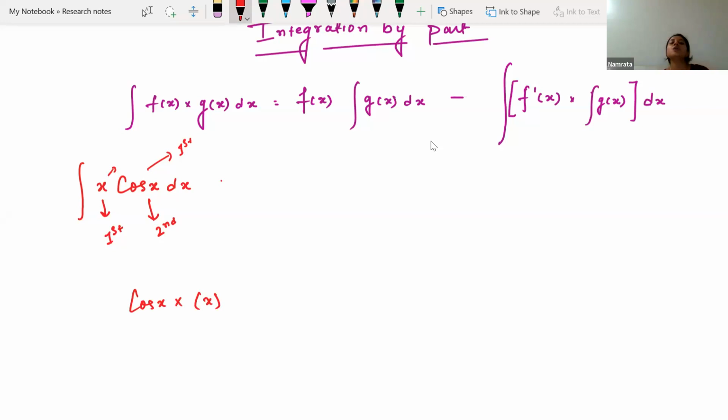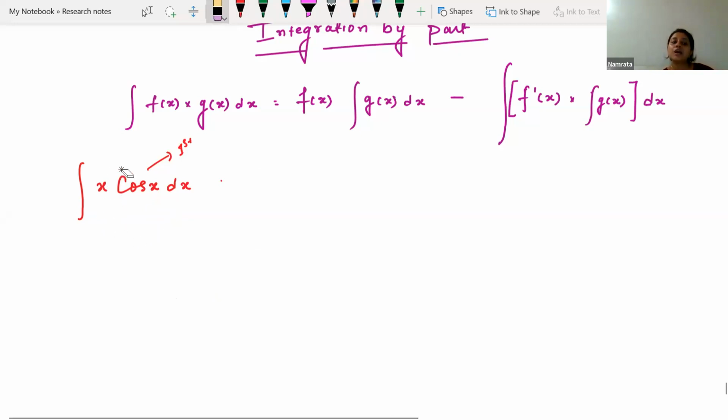But let's see how to apply the formula first. Till now whatever I am saying, just take it as it is. Just after a while we will be discussing how we are going to choose which one is the first function and which one is the second function, because 3 into 4 can be written as 4 into 3, and we can take any one of them as a first, other one as a second. Okay, so that we are going to discuss just after a while.